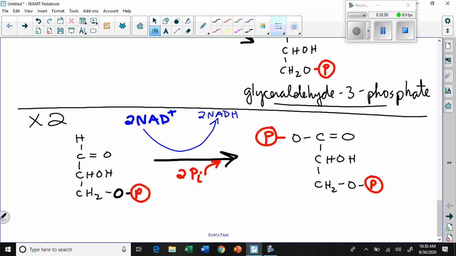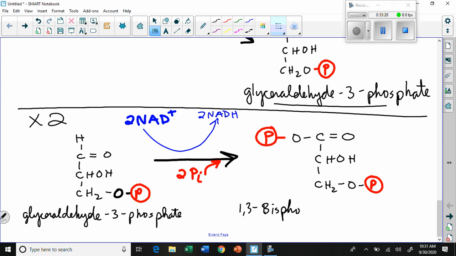Okay, so now we have this molecule, which is called 1,3-bisphosphoglycerate. So this one was called glyceraldehyde 3-phosphate. And now with the addition of the next phosphate on it, it's called 1,3-bisphosphoglycerate, all one word.